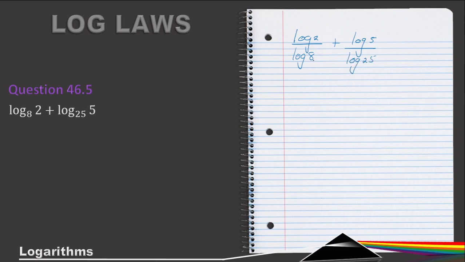Right, prime factorize. We can see that for log 8 the prime factor is 2 to the power 3. For log 25, the prime factors are 5 squared. So we can see kind of where this is going. Log 2 over log 2 to the power 3 plus log 5 over log 5 squared.